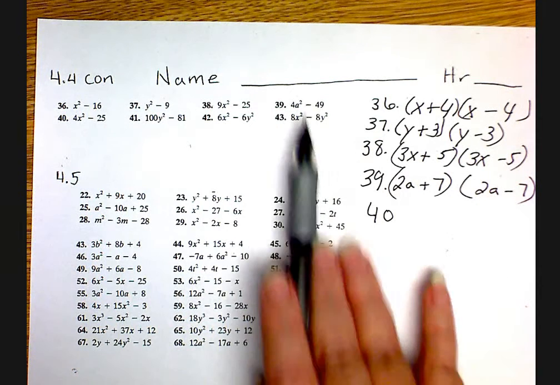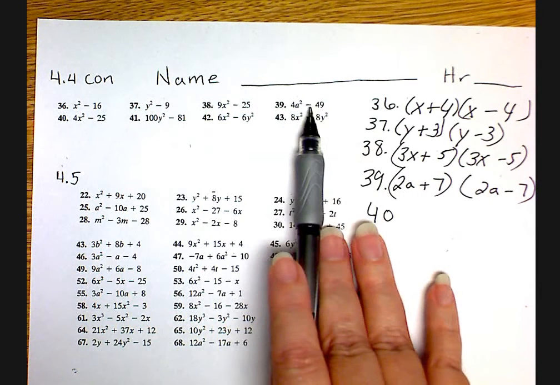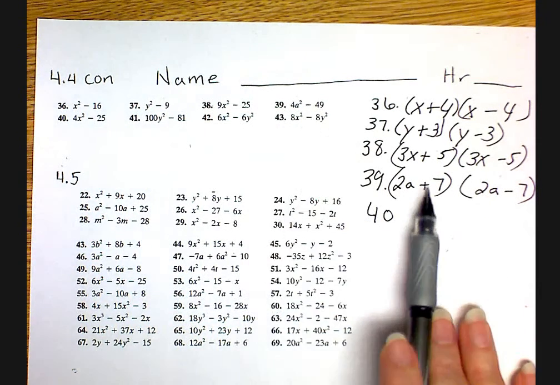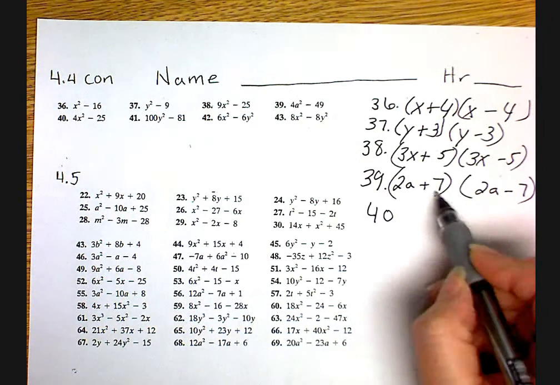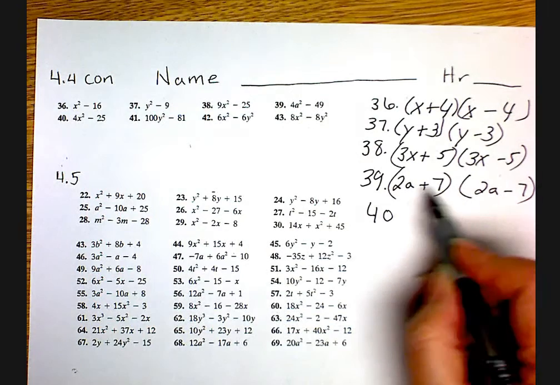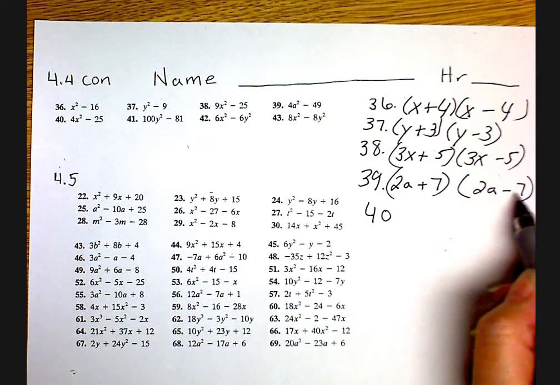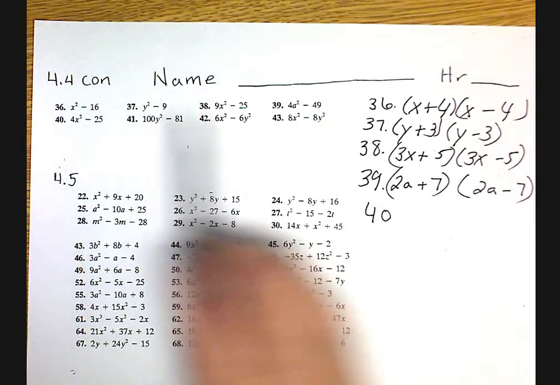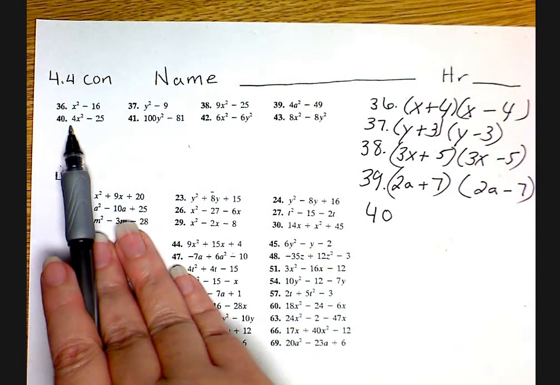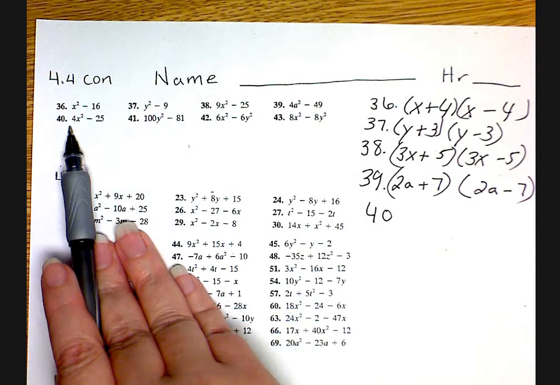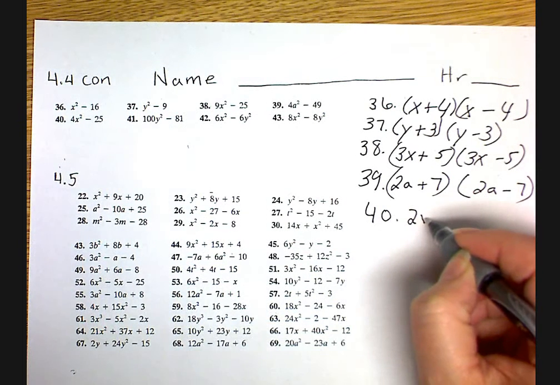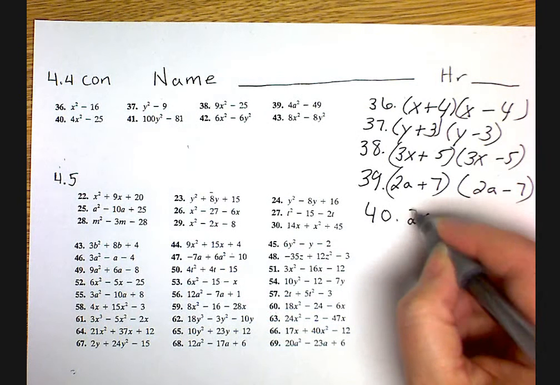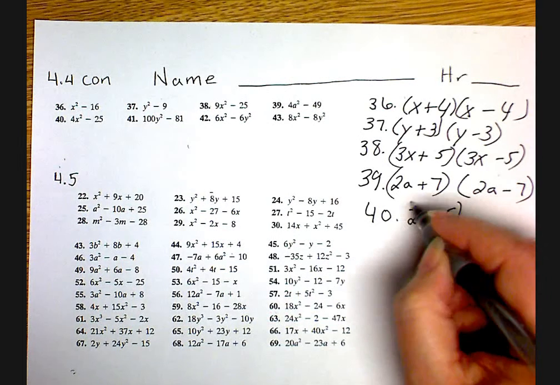When there's two terms and they're separated by a negative, you do one positive, one negative. And that's how the middle terms, this is 14, and then we have negative 14, so they drop out. So, doing that same thing, what then would be the answer to 40? Yep, very good. 2x plus 5 and 2x minus 5.